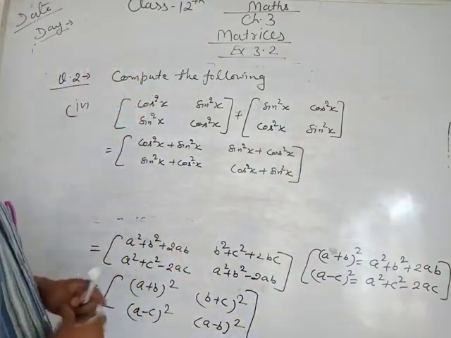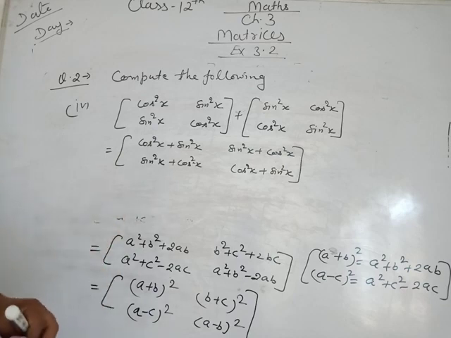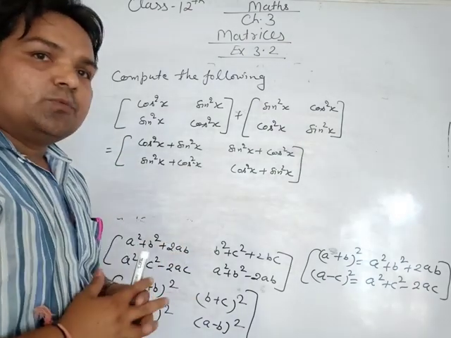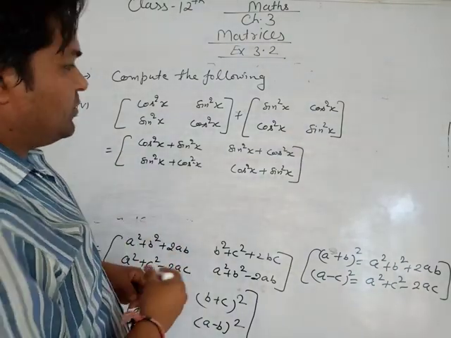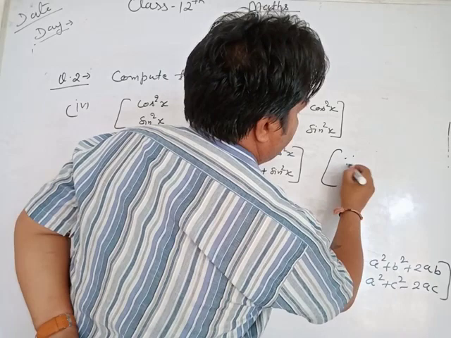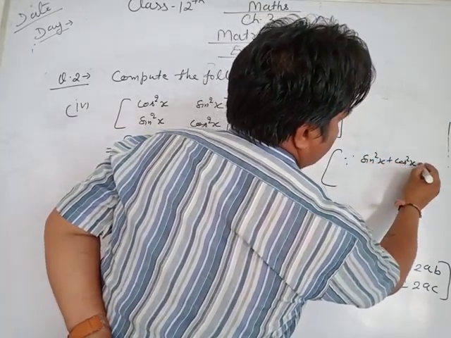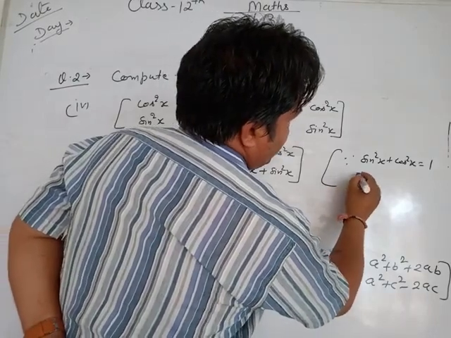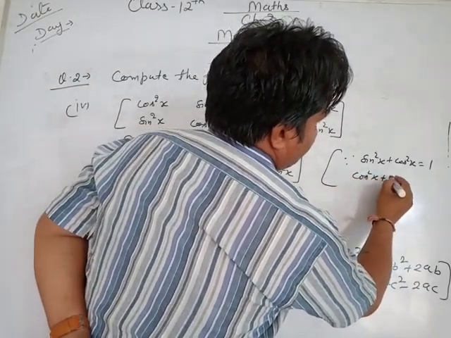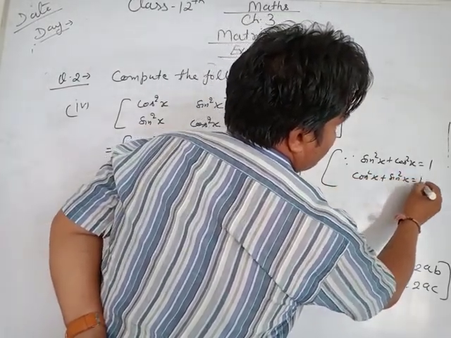And in trigonometry we have already understood the identity sin square x plus cos square x equal to 1. In the previous classes, in the chapter of trigonometry, we learned this type of identity. Similarly, cos square x plus sin square x equal to 1.